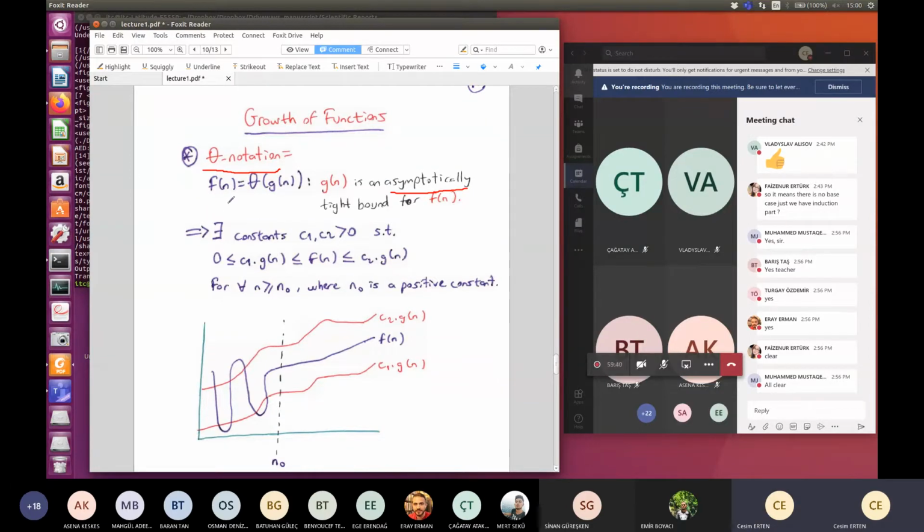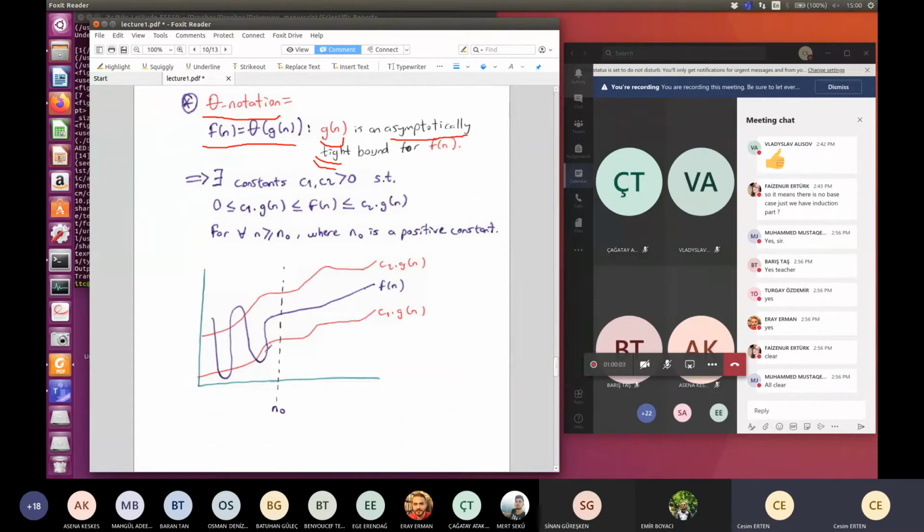Now, what is the formal definition of the theta notation, or what does it mean to say that some function f of n is theta of some other function g of n? It means that g of n is an asymptotically tight bound for the given function f of n. Let's first look at its figurative representation.